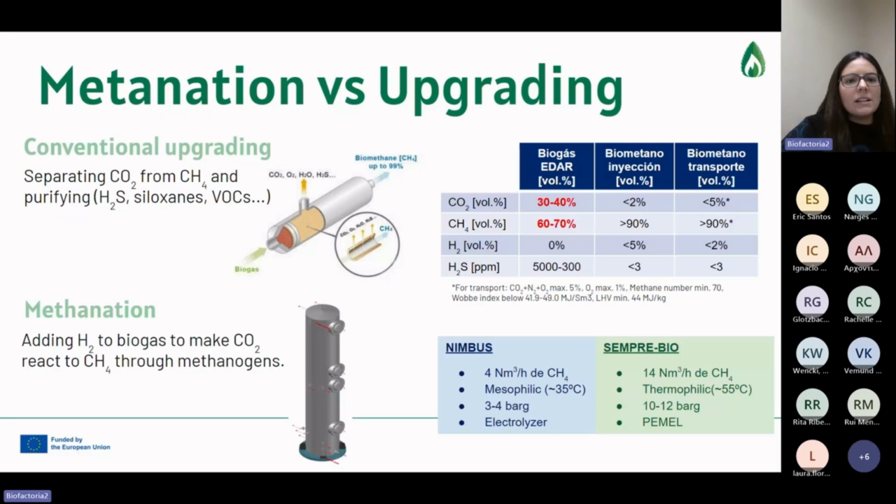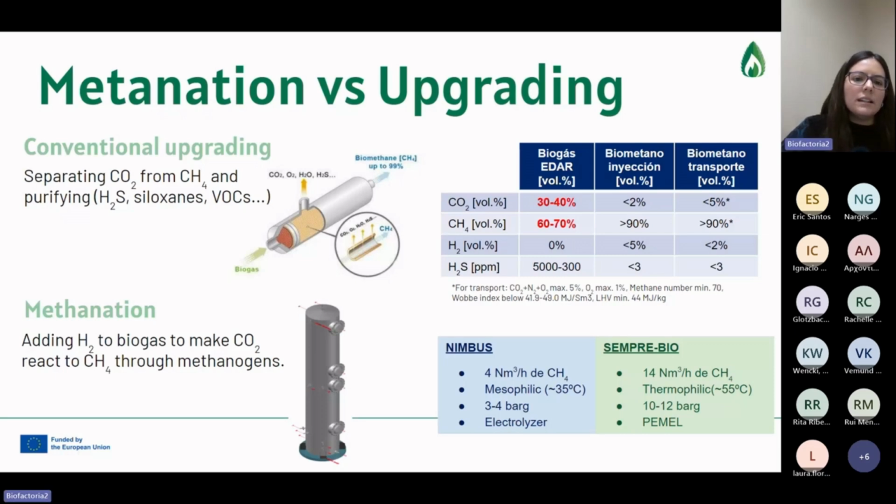Biogas contains about 35% of CO2 and 65% of methane. Additionally, there are small amounts of other gases such as nitrogen, hydrogen sulfide, water, and trace amounts of various volatile organic compounds that might also be present.